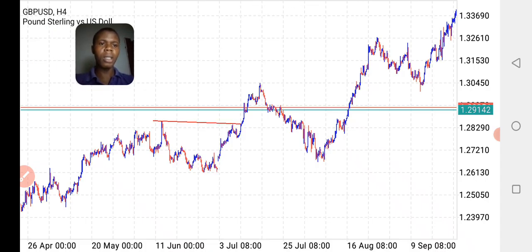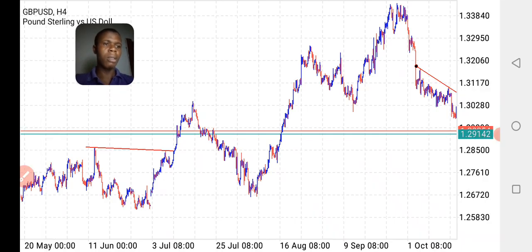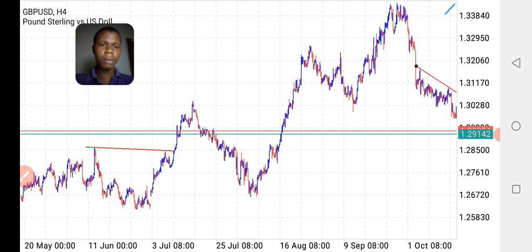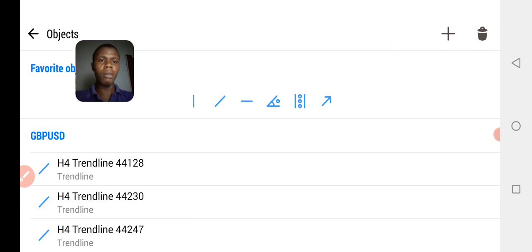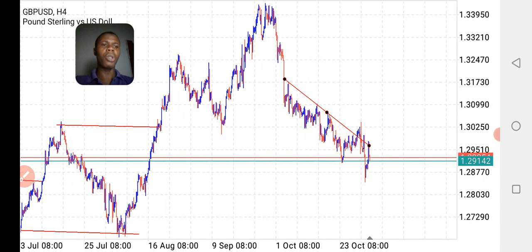Price actually came down here and formed the demand zone. So it continued back up and broke the previous high here. The market is bullish also.